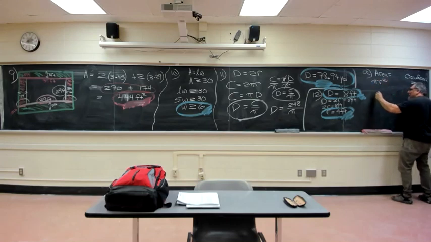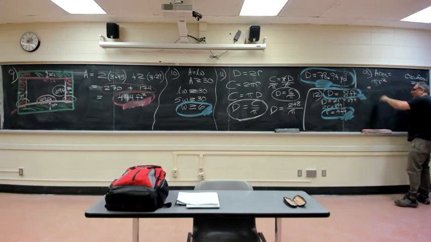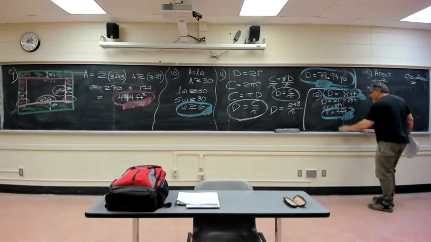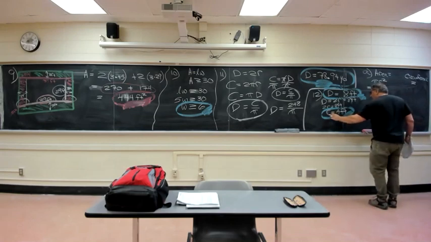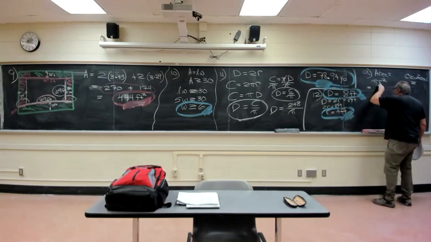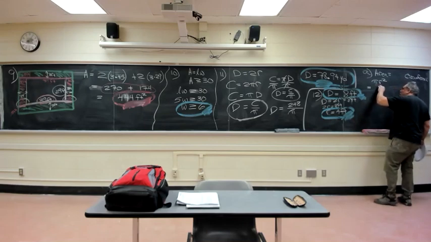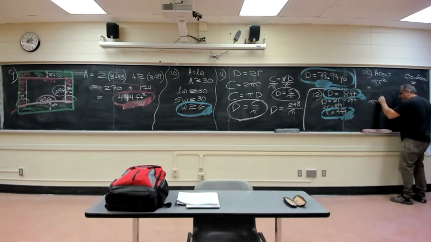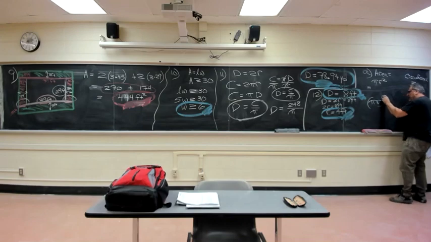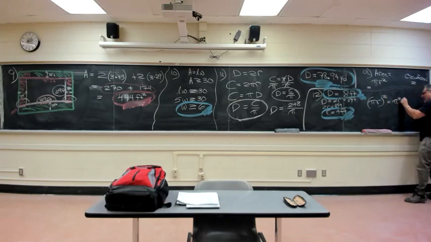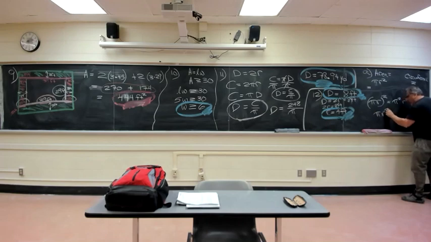The area is pi r squared. In terms of pi, leave pi as is. Notice it's pi r squared. You are not ever doing pi r, quantity squared. Pi r squared is pi times r times r.